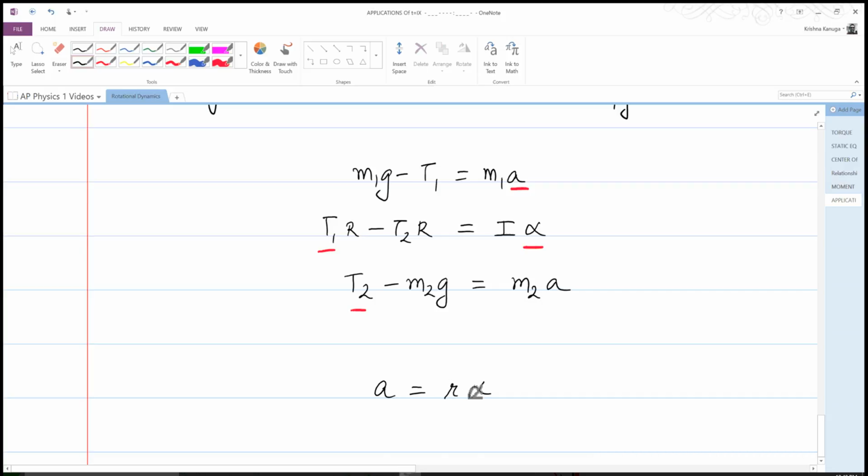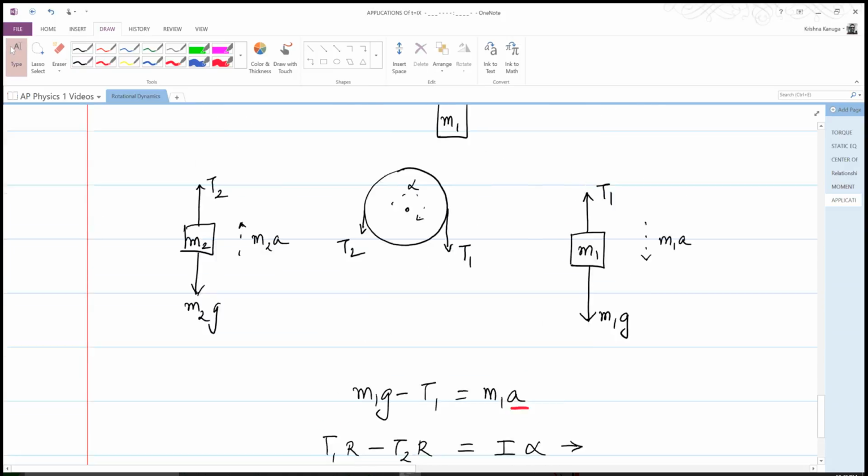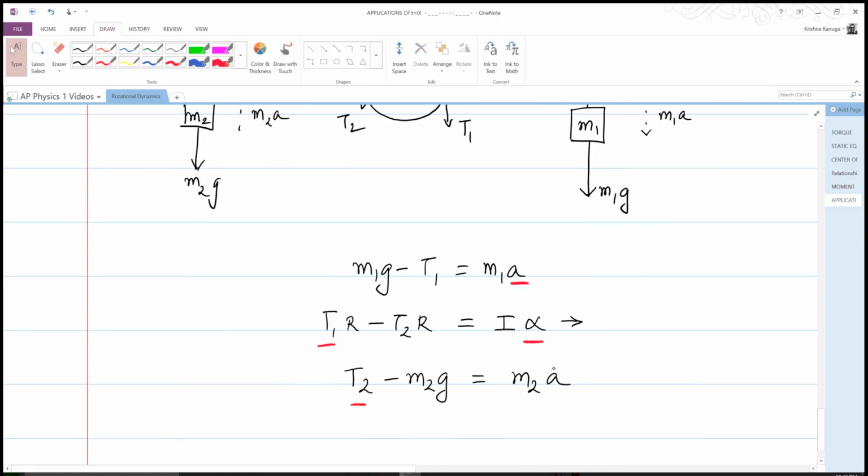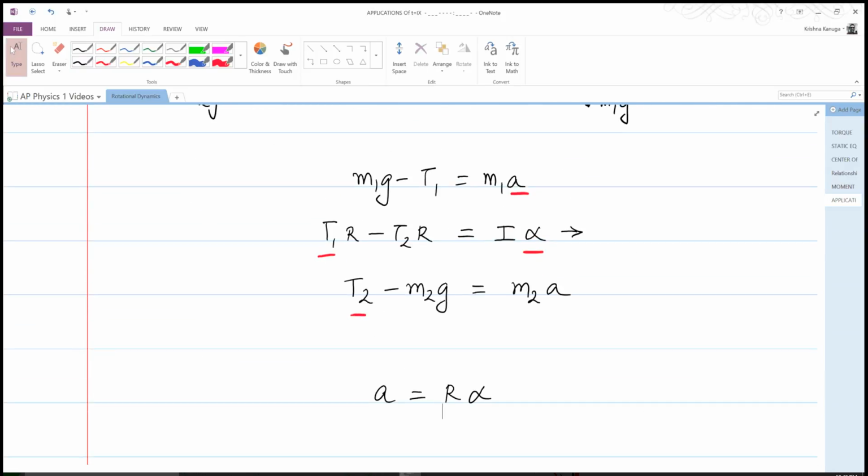And what that does is simplify this equation for us. I'm going to replace alpha with a over R, and then also divide by R. You know what, I'm using two different R's. Did I draw an R here? Oh, I used a lowercase r. So let me just fix this and write a lowercase r here, here, and here.